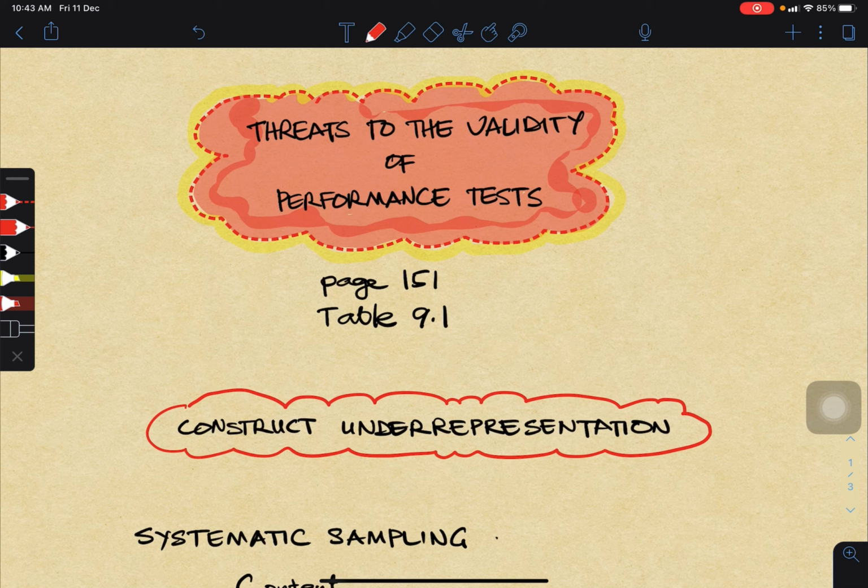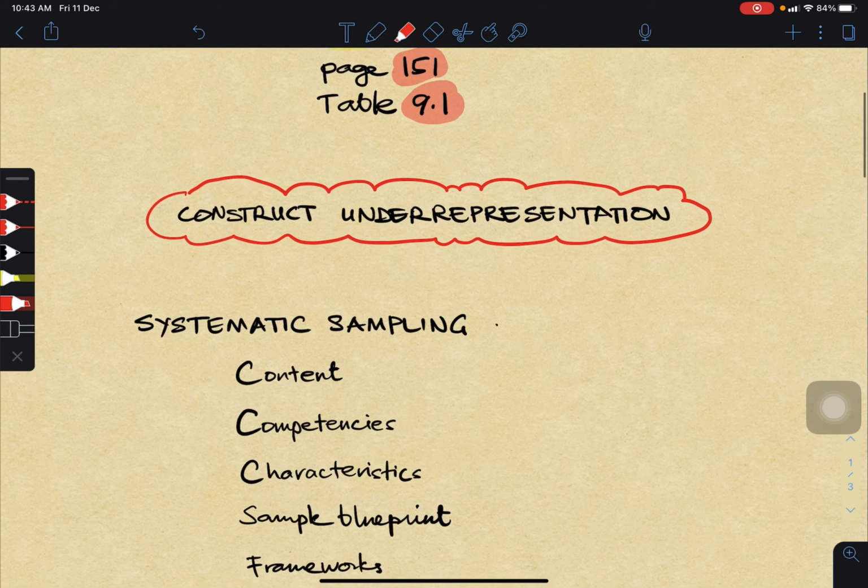This is in page 151, and there's a very nice summary in table 9.1. So please have a look at the summary, especially the strategies to reduce or remove the threats. That's the important part that we need to know. Okay, but let's have a look at the components.